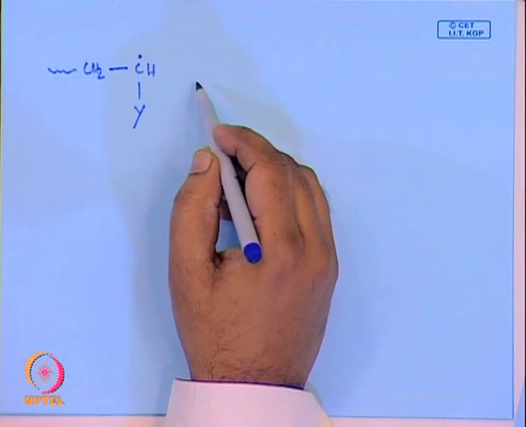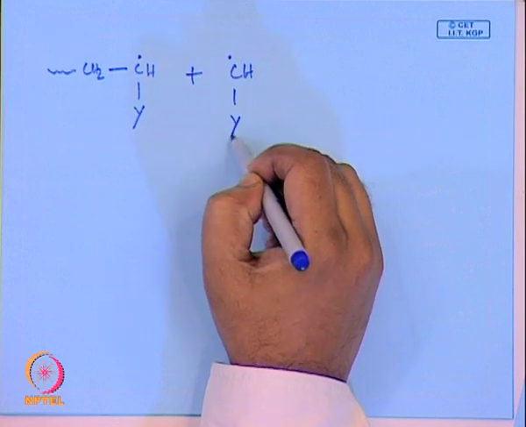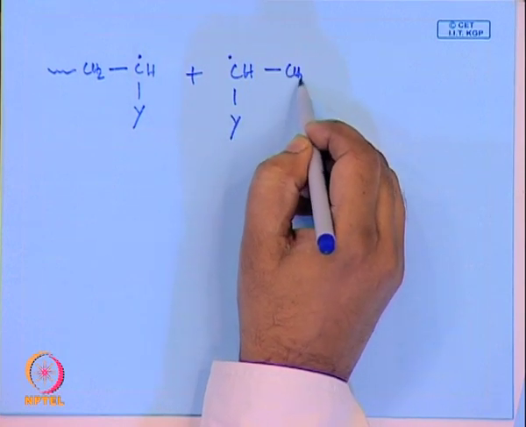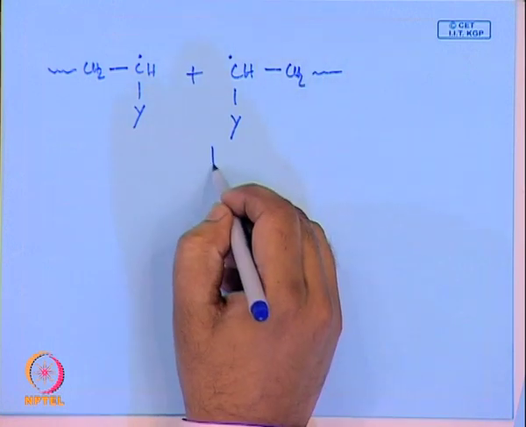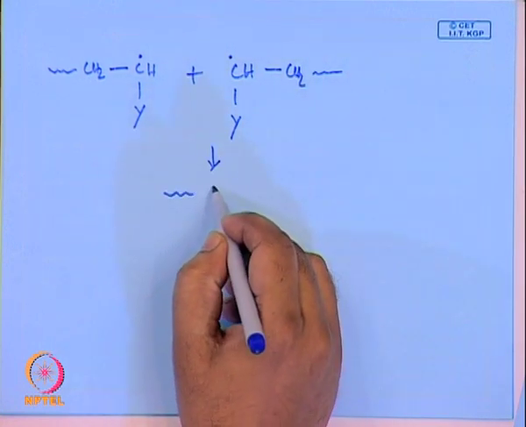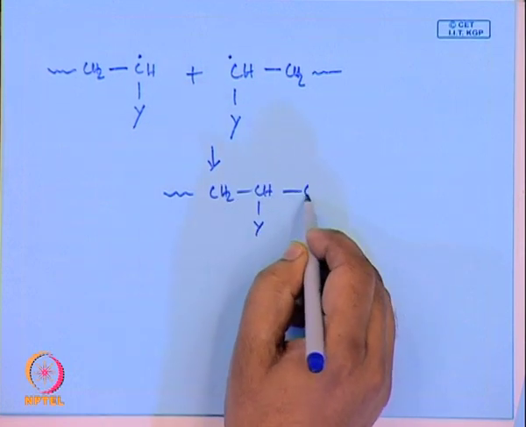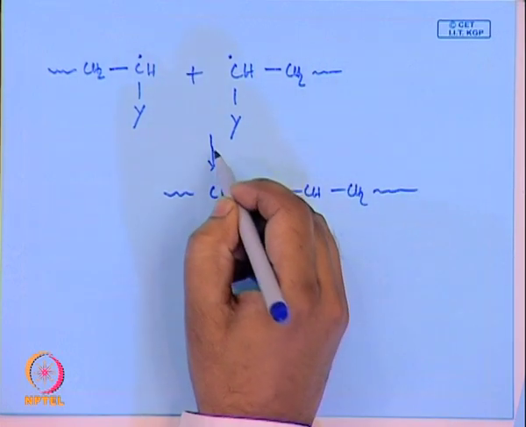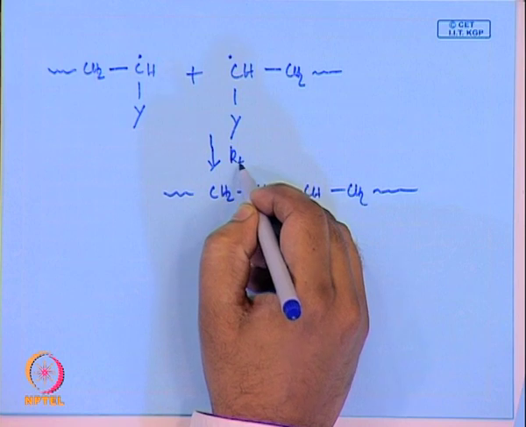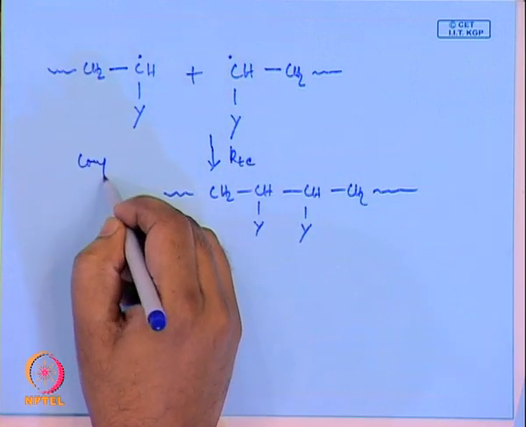They can get terminated by reacting with the same kind of molecule, and by a coupling reaction, so that is K termination by coupling. This is a coupling process.